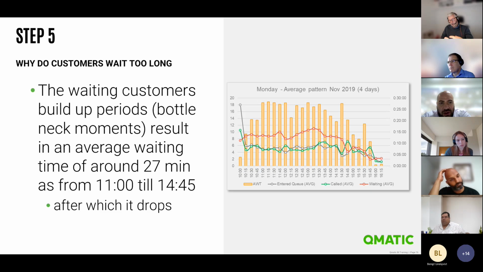That is exactly what you said. This bottleneck moment at the beginning of the day should create an alert to somebody saying, this goes wrong. If you don't do something, almost all your customers are going to wait above service level. We can predict that. So what you talk about is predictive analysis linked to alerts, which tells people you should take action now.